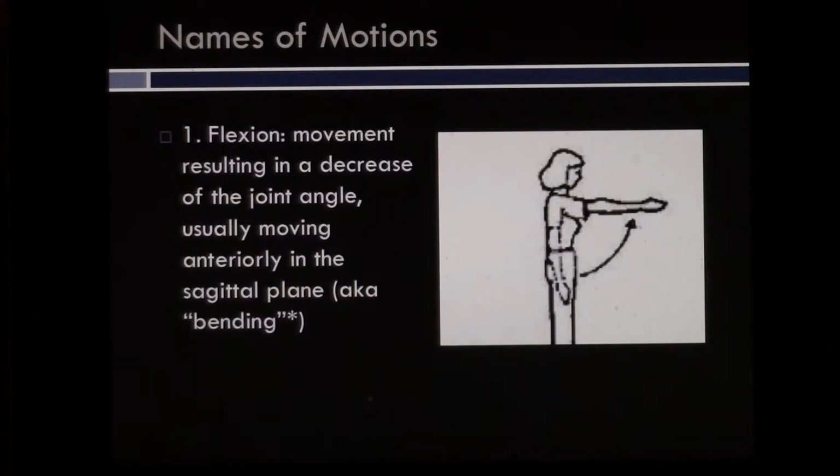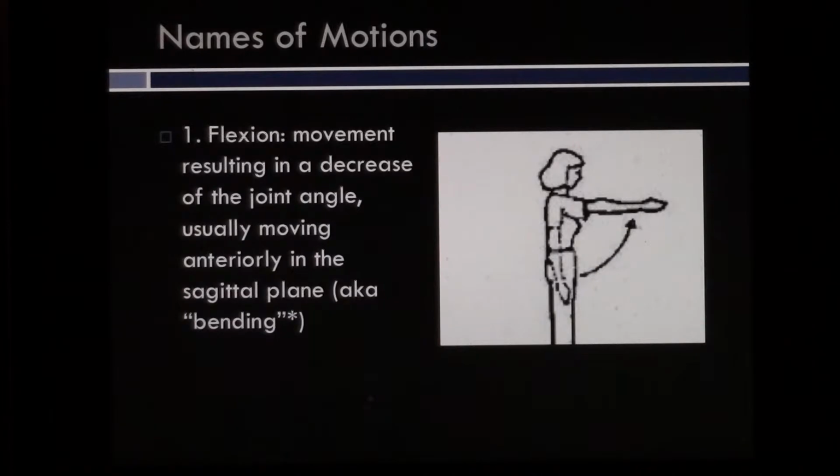So you start from 180, and then if you move your foot back, now your knee is at 90 degrees, so that's 90 degrees of flexion. And if you could have your heel touch your butt, that would basically be as close to zero as you can get. So that's bending your knee. It's usually moving anteriorly, but not always, because definitely your knee is a big exception for that. So that's one point. Your knee is definitely an outlier, because it's moving posteriorly.